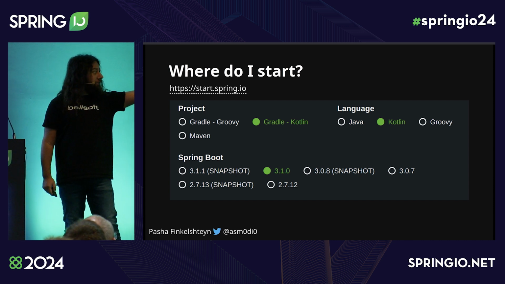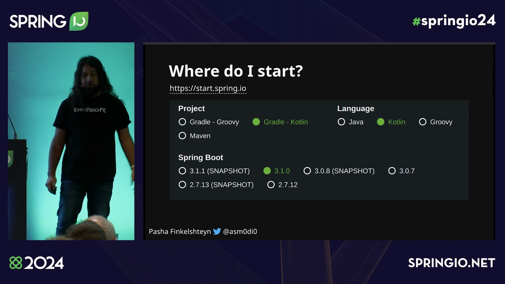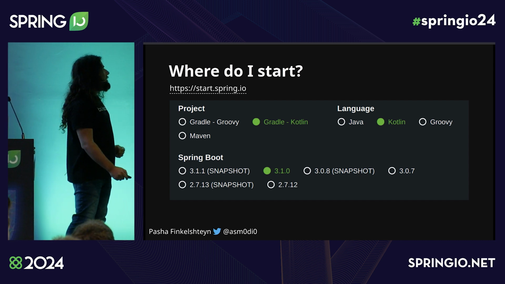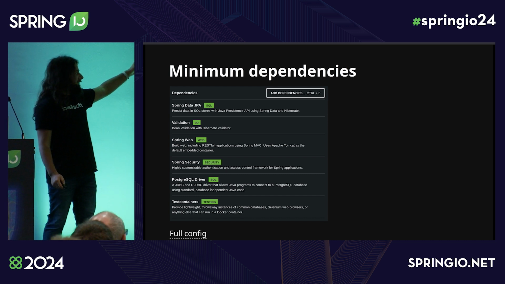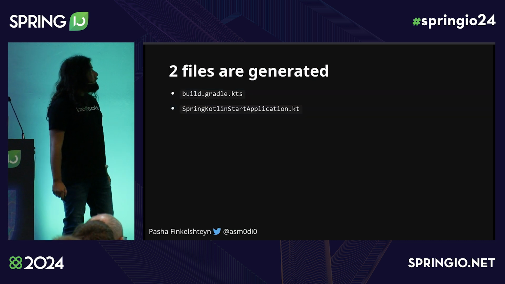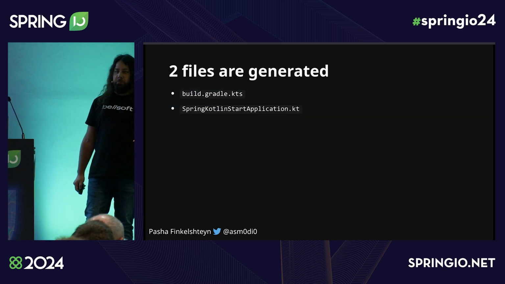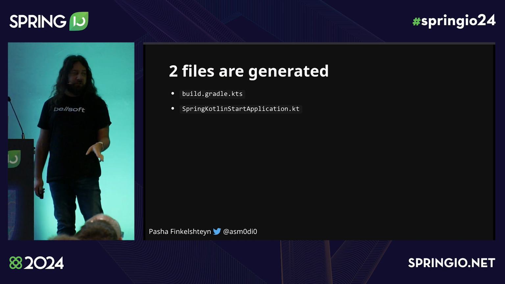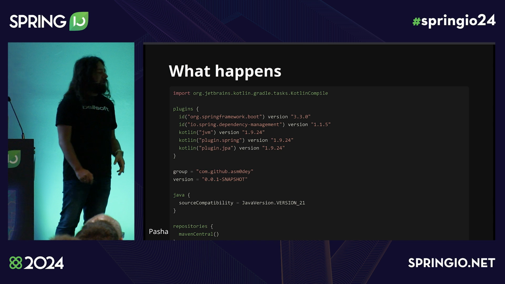So, Gradle Kotlin, 3.1.0, 3.3. Pasha, hold yourself. So this is the set of libraries I'll be talking about. And when we hit the button generate on start.spring.io, we have only 2 files generated in our archive, build.gradle.kts.